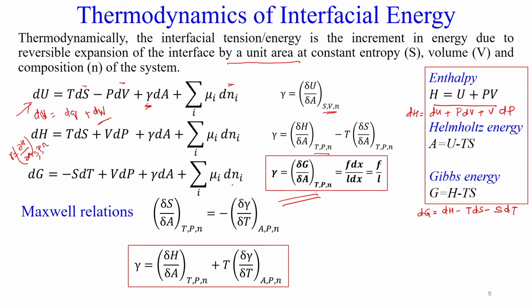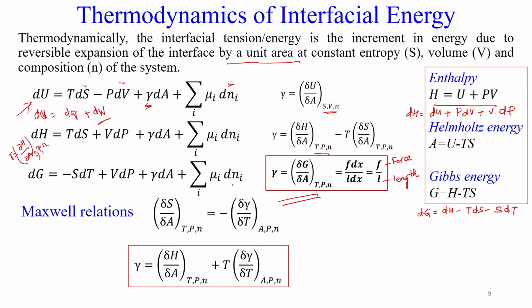So, dx can be cancelled out. So, we derive from here gamma is equal to force per unit length.